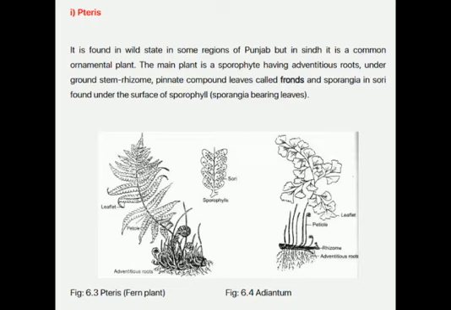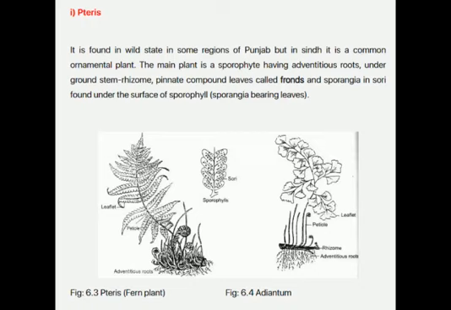This plant is found in the wild state in some regions of Punjab, but inside Sindh it is used as a common ornamental plant.